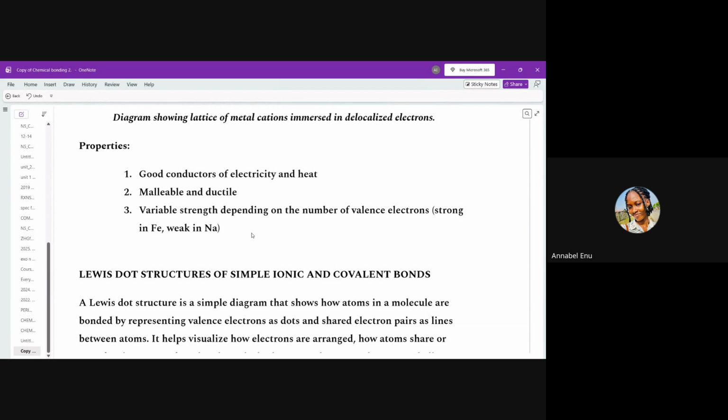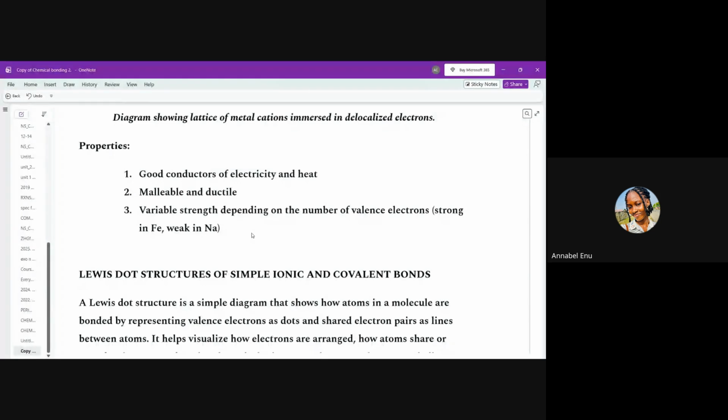When we say malleable, what do we mean? Does anybody know? Malleable means materials that can be hammered into shapes. They can be hammered or cast into the different shapes that you want.